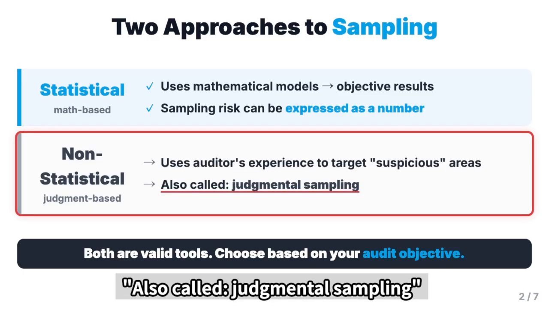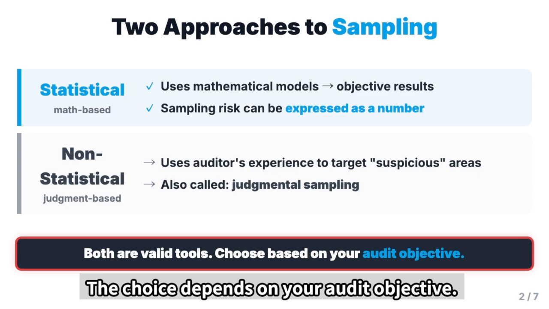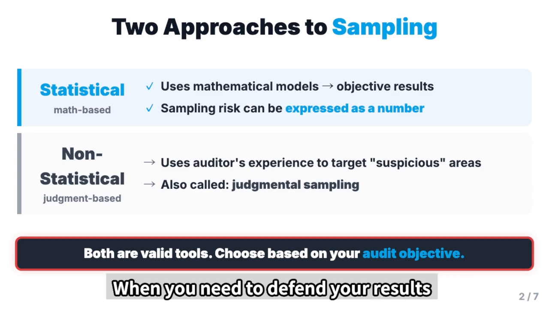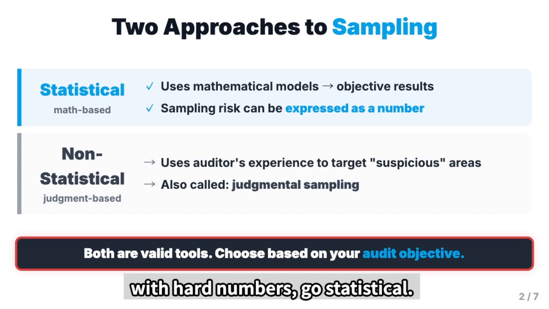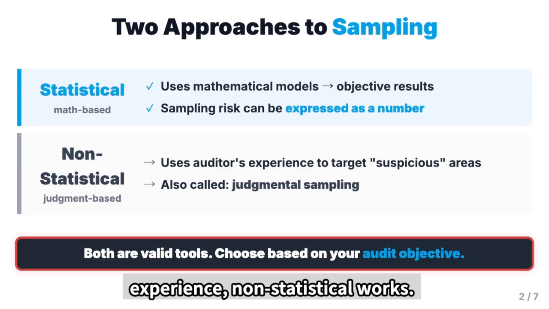Remember both names. Both are valid tools. The choice depends on your audit objective. When you need to defend your results with hard numbers, go statistical. When you are following a hunch based on experience, non-statistical works.